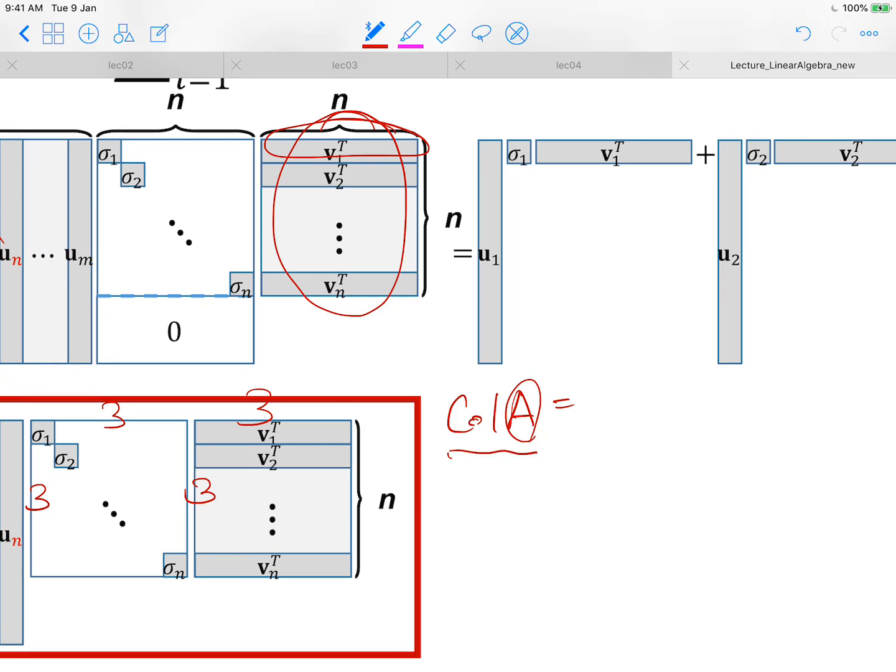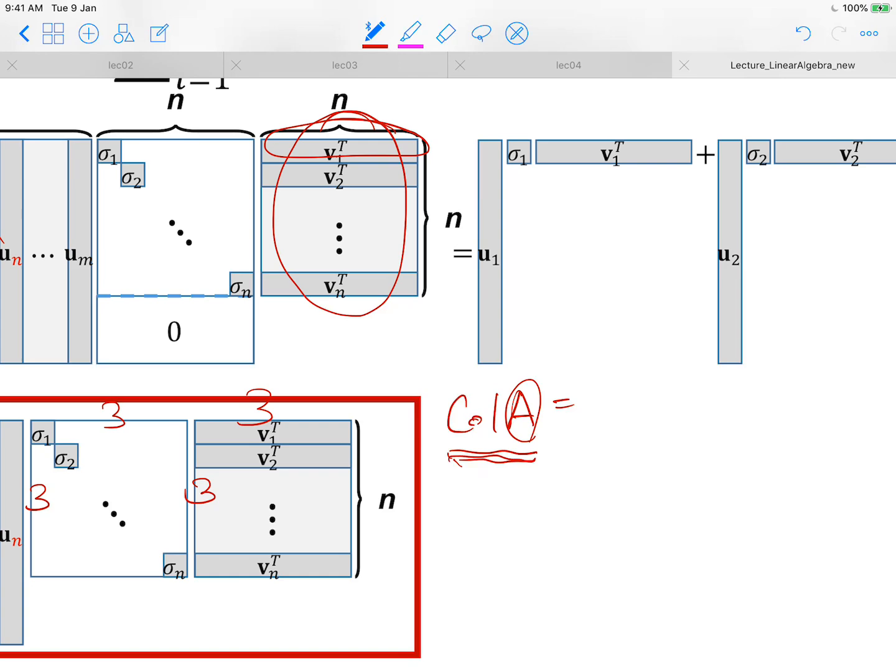What is the rank of the column space of A? The column space is the span of all the given columns in our matrix A. So maximally it will have rank 3, or the dimension of this subspace will be 3 or less.